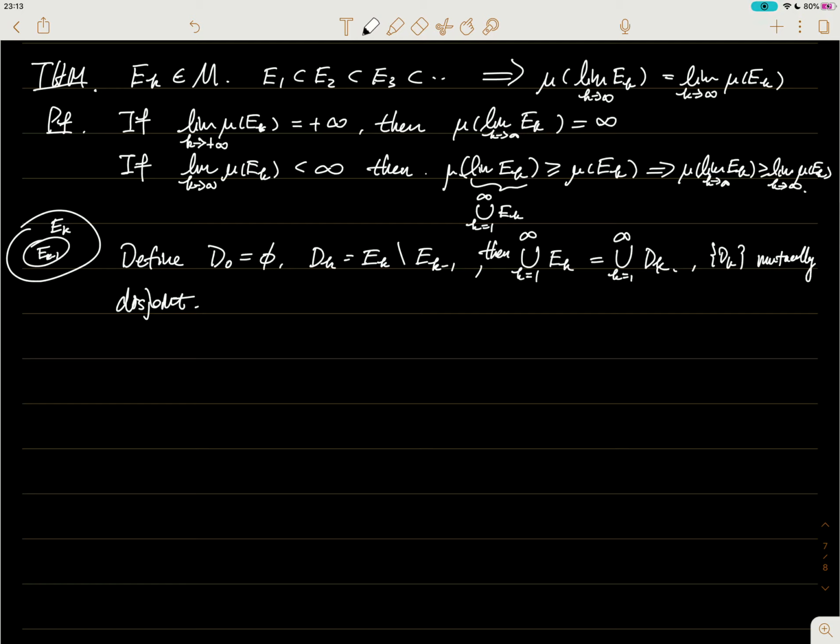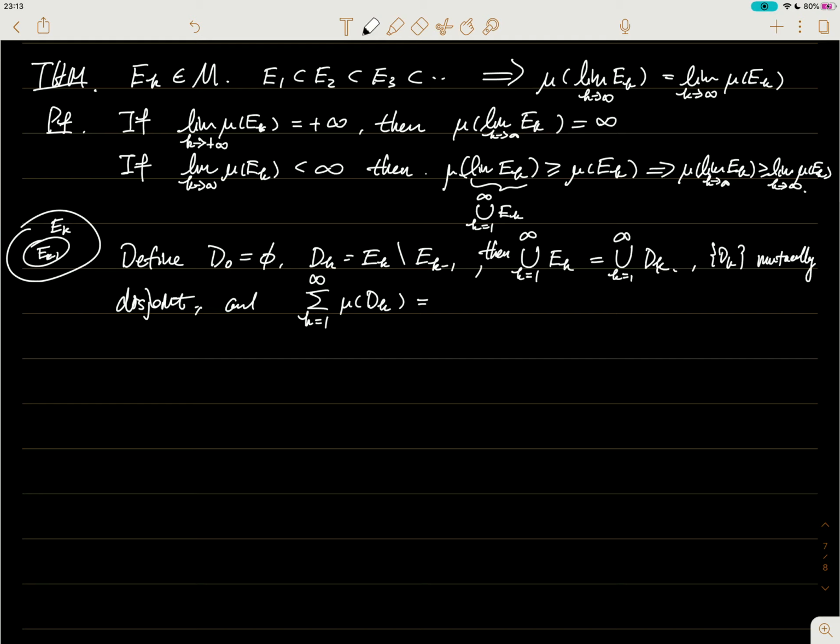Also, we can see the limit from 1 to infinity. So we have countably many mutually disjoint sets.